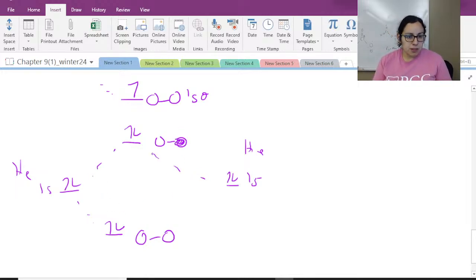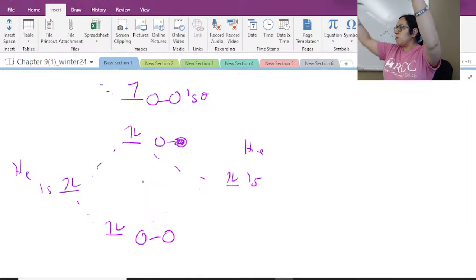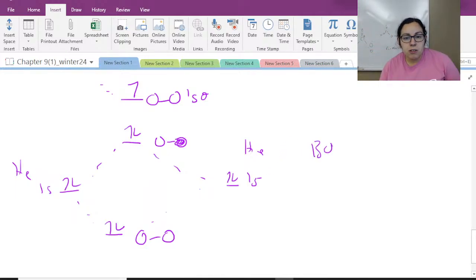Of course, it's unfavorable to have these electrons in that antibonding orbital. And as made apparent by that formula, if you have electrons in your bonding orbital, but the same amount in your antibonding, it just cancels out. And so the bond order is 0, so that's where it does not exist.